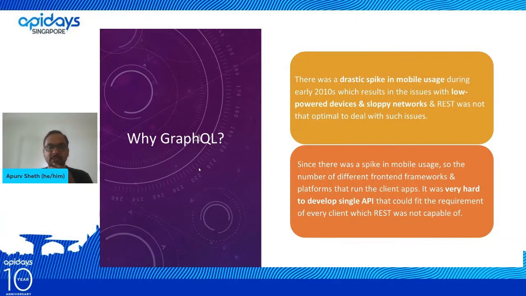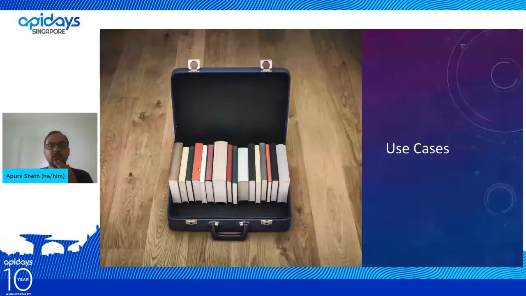Hence GraphQL was introduced, and we will see down the line how it mitigates the issues we have just discussed, with respect to mobile usage, the different devices it supports, and the network, how it dealt with these issues, and how it helps to mitigate all of them in different scenarios.